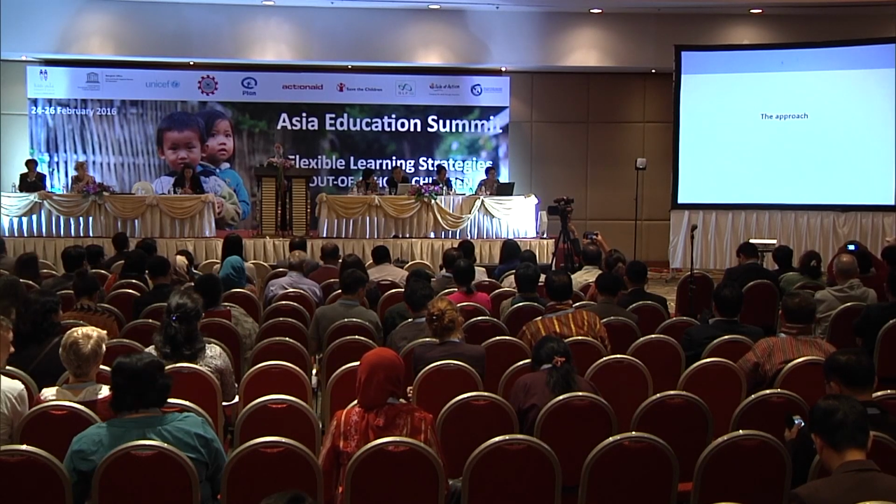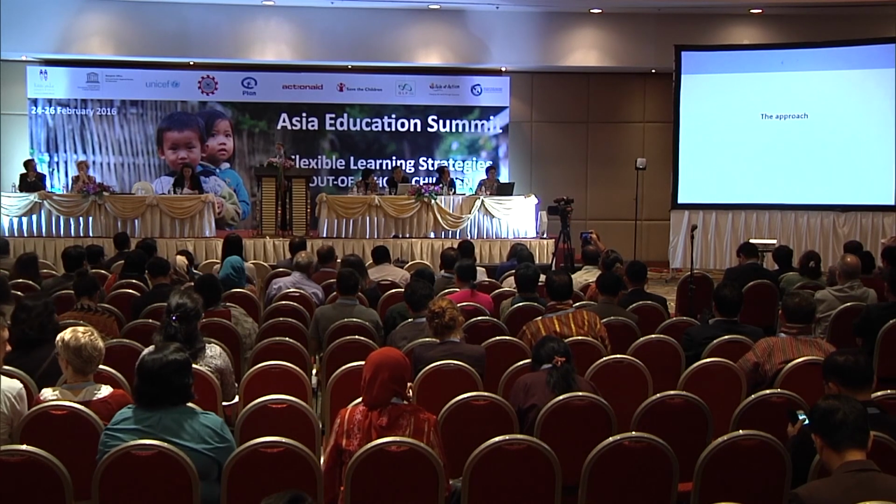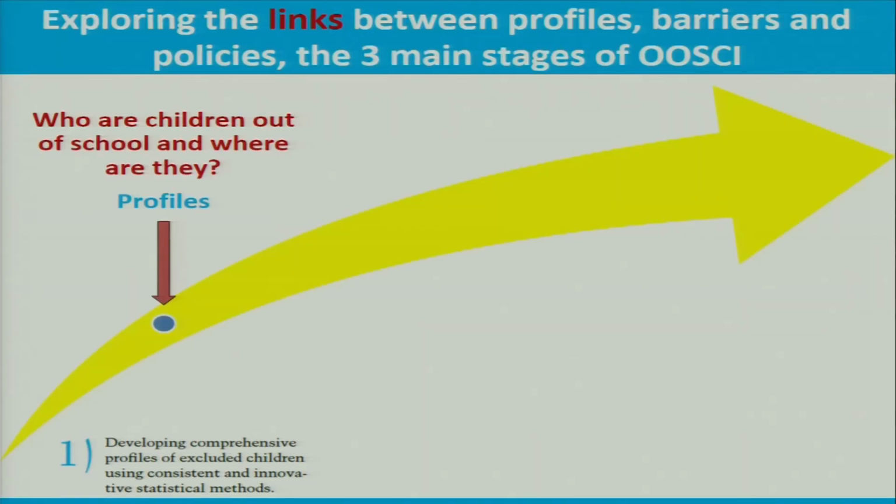To do that, as mentioned, UNICEF and UIS, with the initiative, proposed a new approach. This approach has 3 main stages. One is developing comprehensive profiles of excluded children using consistent and innovative statistical methods.